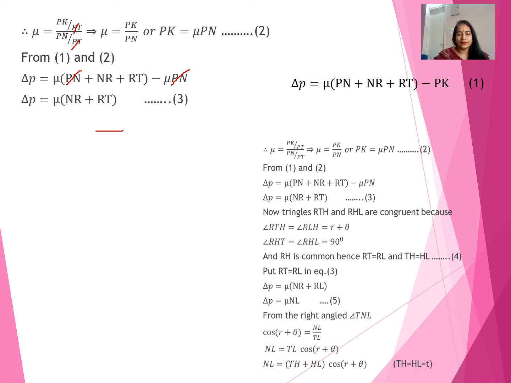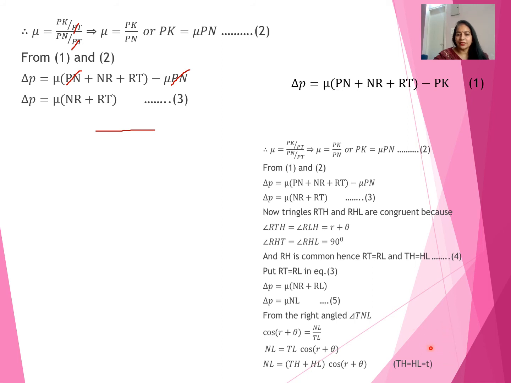Now see triangle RHT and triangle RHL. These are congruent. How? Because RH is common in both triangles. Both angle RHT and angle RHL are 90 degrees.